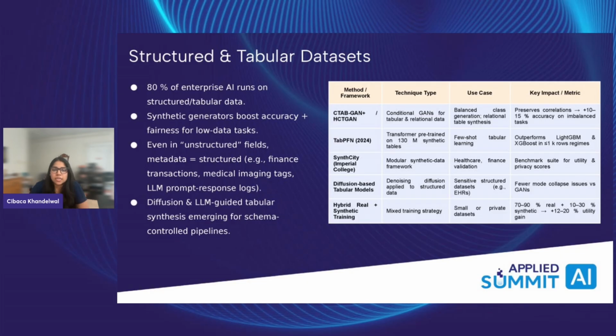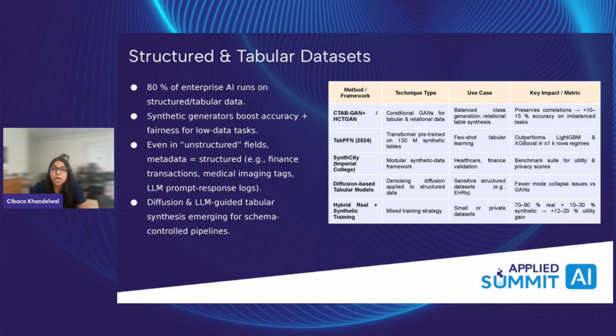A few of the frameworks we usually follow are conditional GANs and tabular relational data approaches, mostly used for balanced data with different classes and relational tables, focusing on relationships between features. TabPFN, trained over 130 million synthetic tables, showed how pre-training on synthetic samples boosts few shot accuracy.